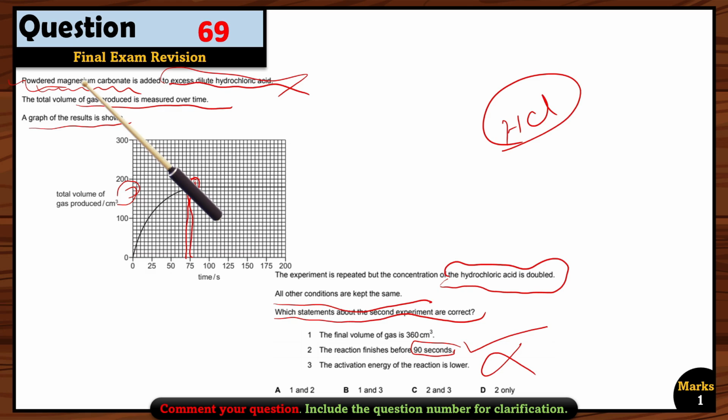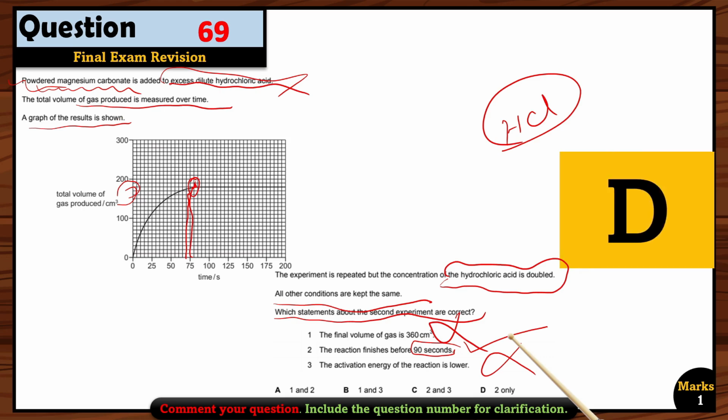If magnesium carbonate was in excess and the concentration of the HCl was increased, then you can get more volume. But now you will get the same volume, because we don't have more magnesium carbonate. So option 1 is also not a right option. So the only right option is 2. So option D is the right option.